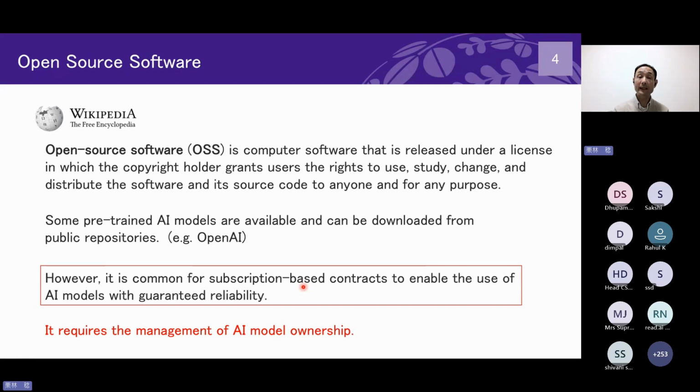For example, in ChatGPT, you need to register and pay money to use the reliable AI model. So in this sense, open source software is one direction, but the protection of the model is still required in the case of subscription-based contracts. So it requires the management of AI model ownership.